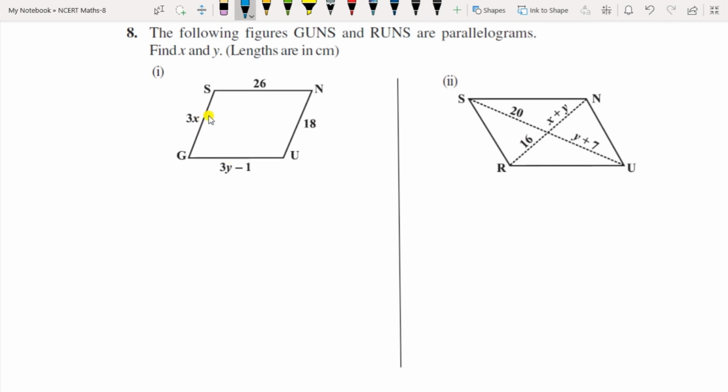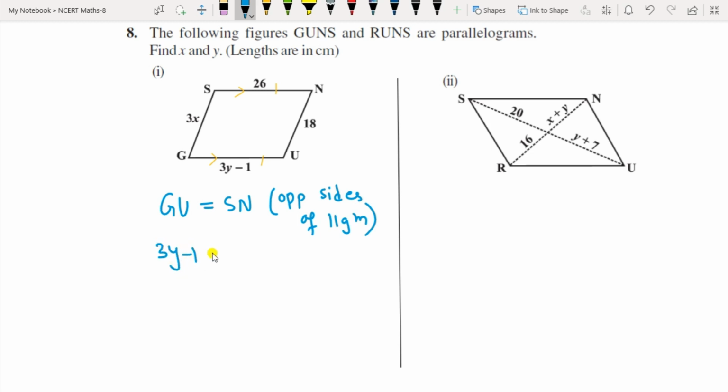It is also a parallelogram. Now you have to find the sides here. So in a parallelogram, you know, the opposite sides are equal and parallel. So this is equal and parallel to this, and this is also equal to this. Equal means the lengths are equal. So here GU is equal to SN, that is opposite sides of a parallelogram.